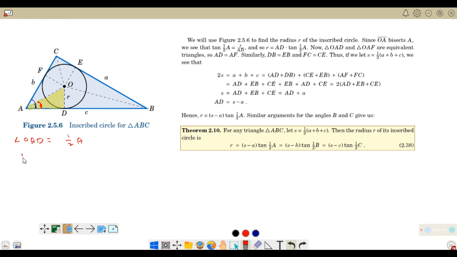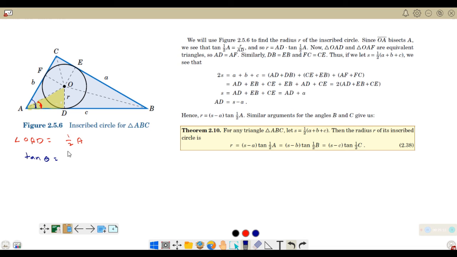This will make use of tangent theta since this is our angle na kino-consider and we have the parts AD and OD. Si R, hahanapin natin through AD and half of OAD.